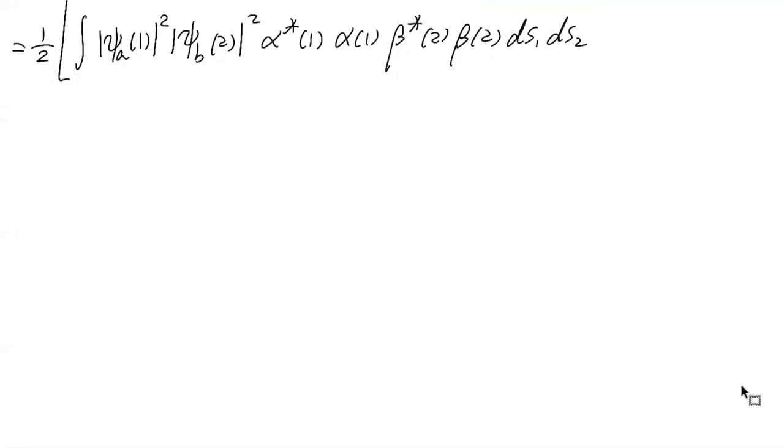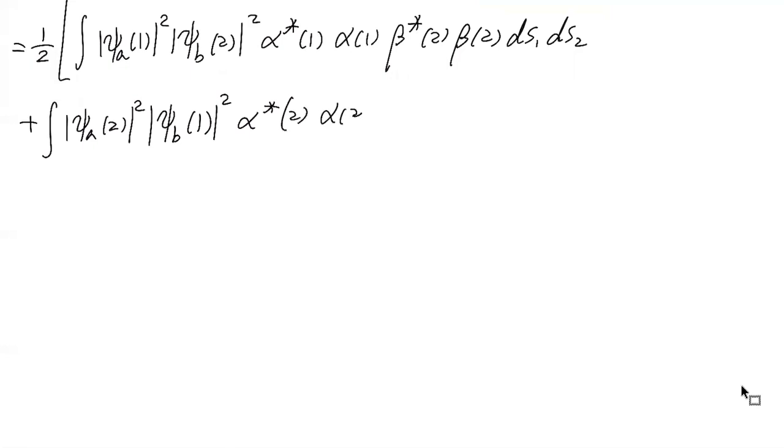What's the next term? Psi A(2) squared, psi B(1) squared, alpha star(2) alpha(2) beta star(1) beta(1), ds1 ds2, right? The second term comes from exchanging the labels 1 and 2, right?